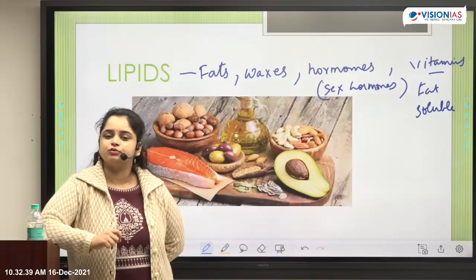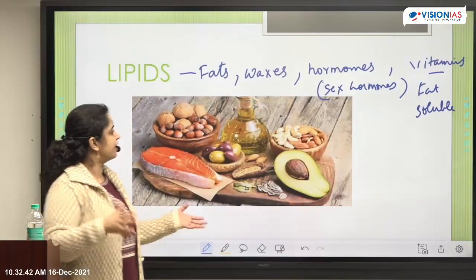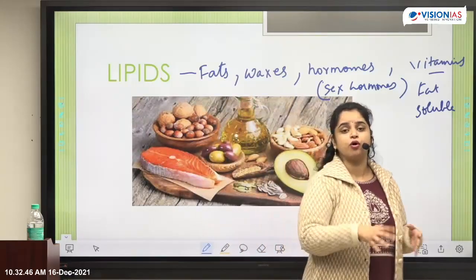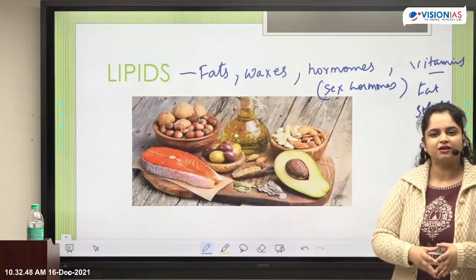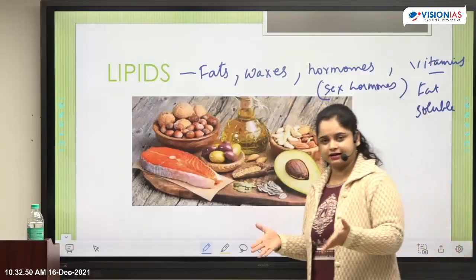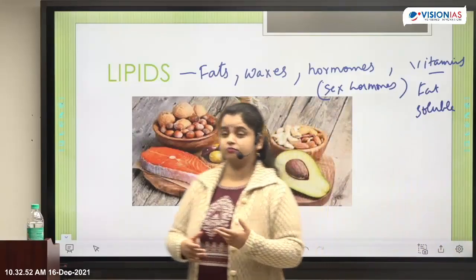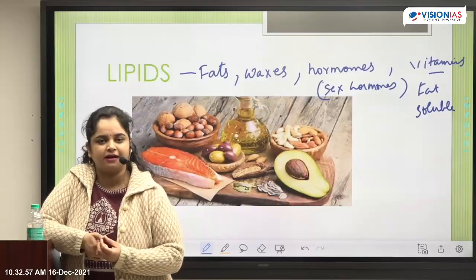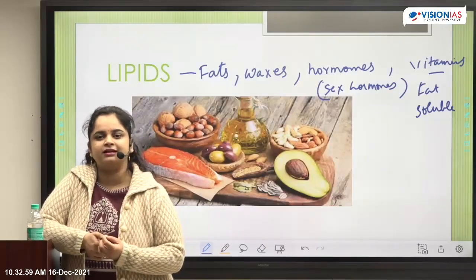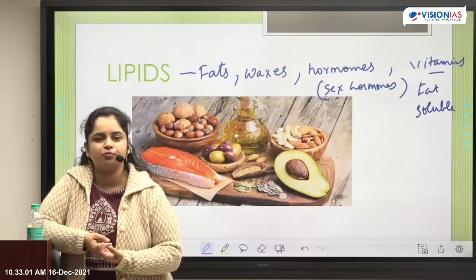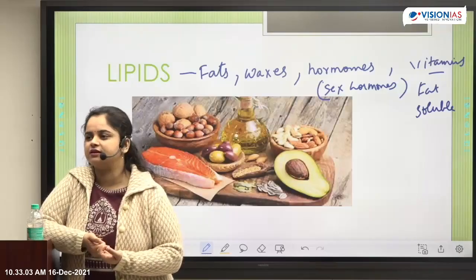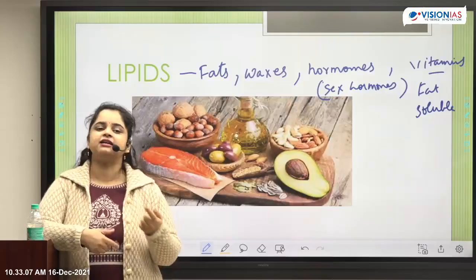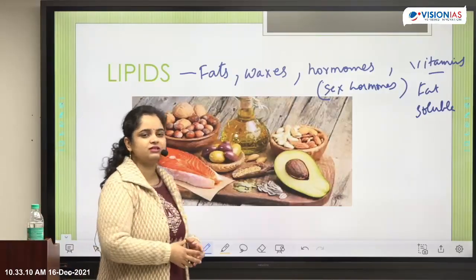They are vital to our function, because that's how we will be able to have these hormones, or we will be able to use the vitamins A, D, E and K. They are also signal molecules for the brain. The interactions which the brain is doing, sending information to different nerves or different parts of the body, that is happening with the help of these fats.